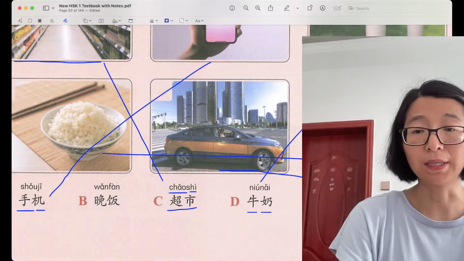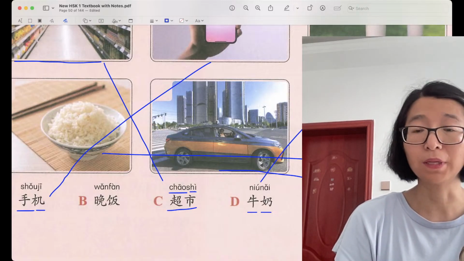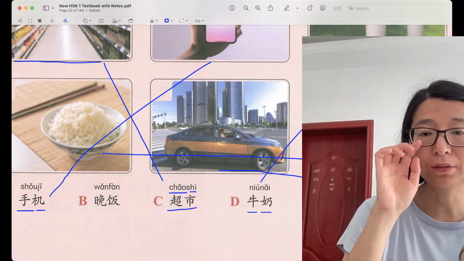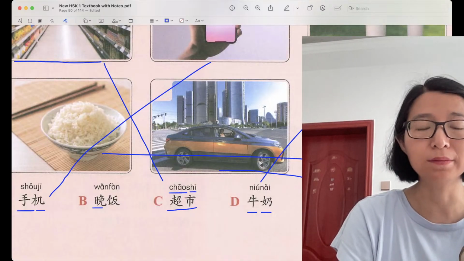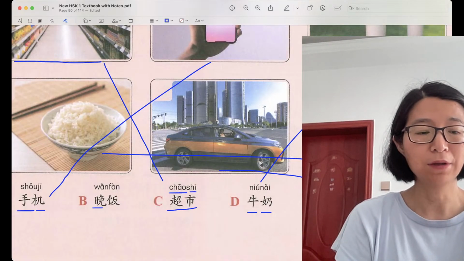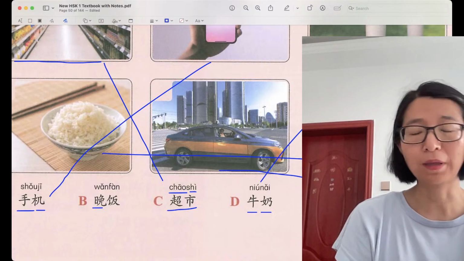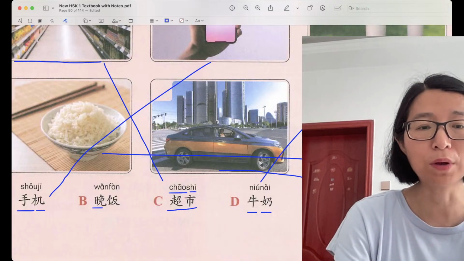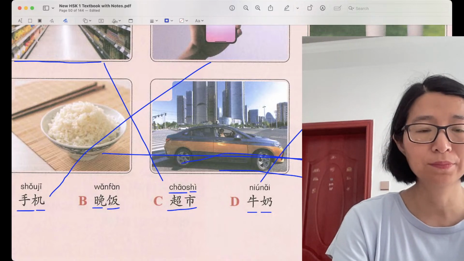And the last one is a round table. A lot of people are enjoying their meal, so probably they are eating 晚饭. 晚 means late. 饭 can mean rice or meal. Here 晚饭 means dinner.